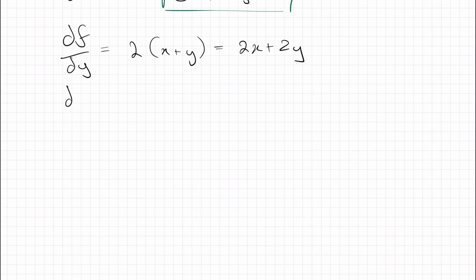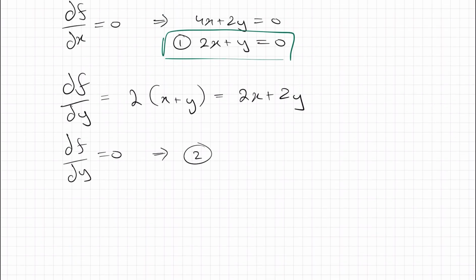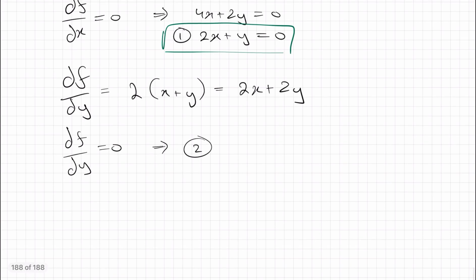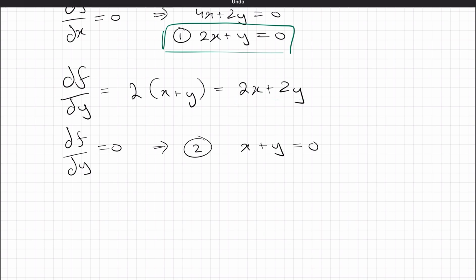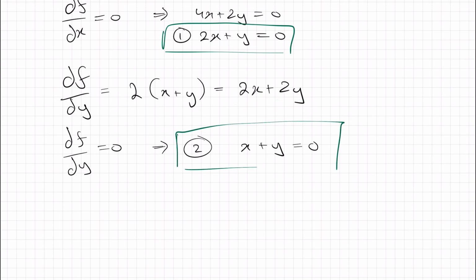And if we set this equal to 0, this gives us our second equation as just x plus y is equal to 0, after dividing everything by 2. Okay, so here's the second equation. Now we have two equations, two unknowns. We can simply solve for the points.